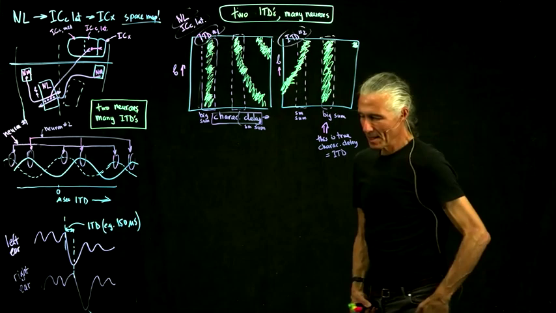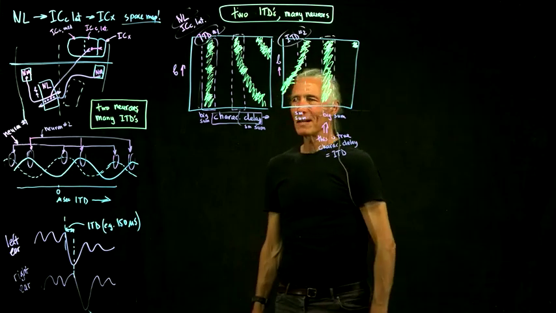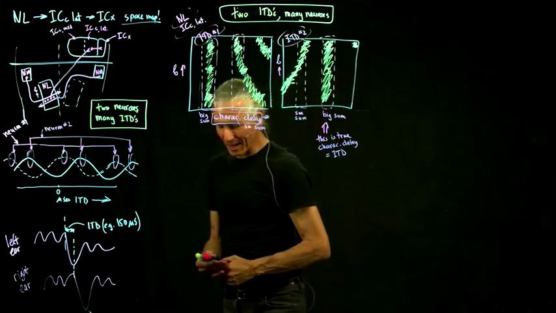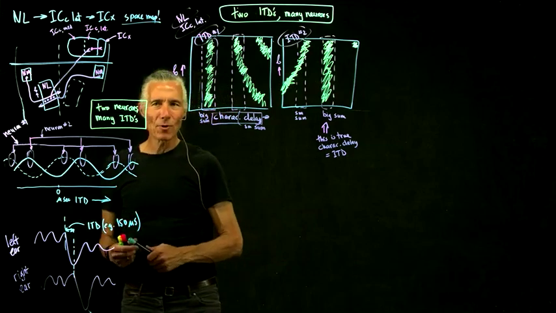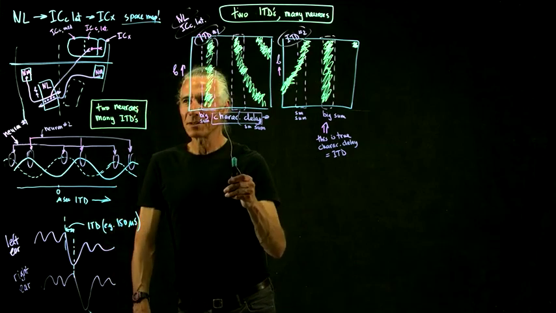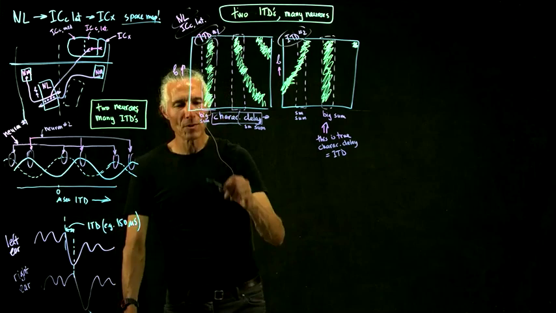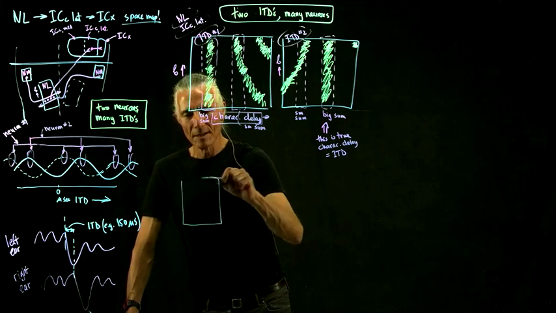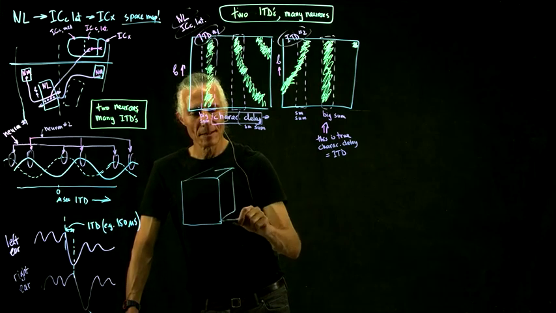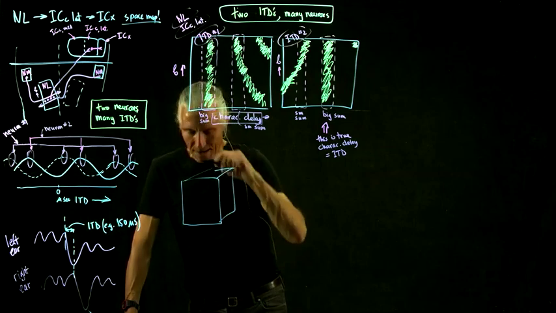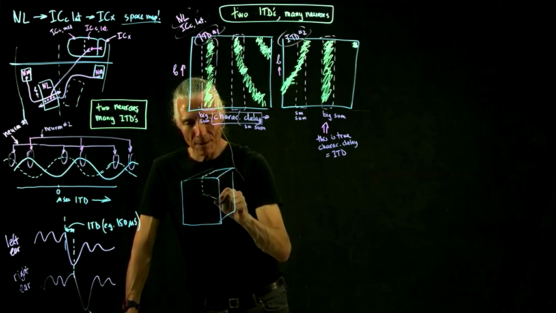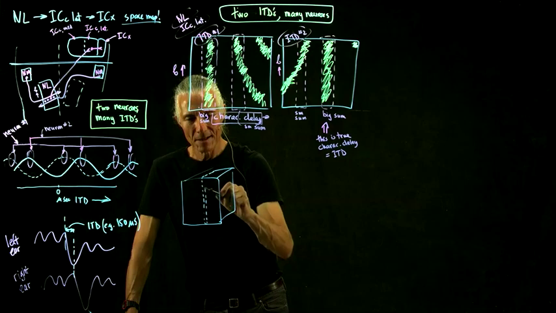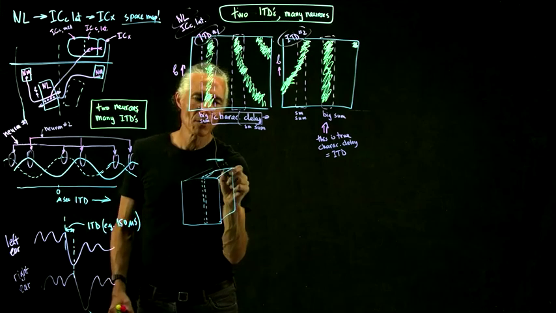So you might wonder, how do you do that? And one way of doing it is you just get some rogue auditory cortical neurons. So what do auditory cortical neurons do? Well, normally what they do is they take a little plane of neurons. So this is, tono is going that way.